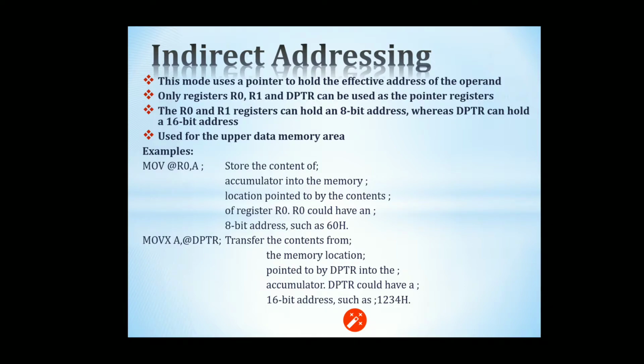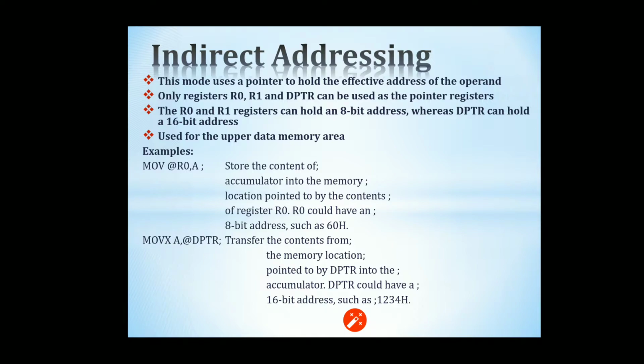Indirect addressing mode. This mode uses a pointer to hold the effective address of the operand. Only the registers R0, R1 and DPTR can be used as pointer registers. The R0 and R1 registers can hold an 8-bit address, whereas DPTR can hold a 16-bit address.